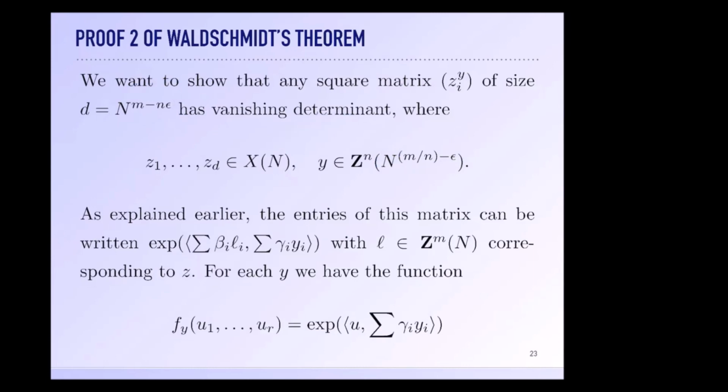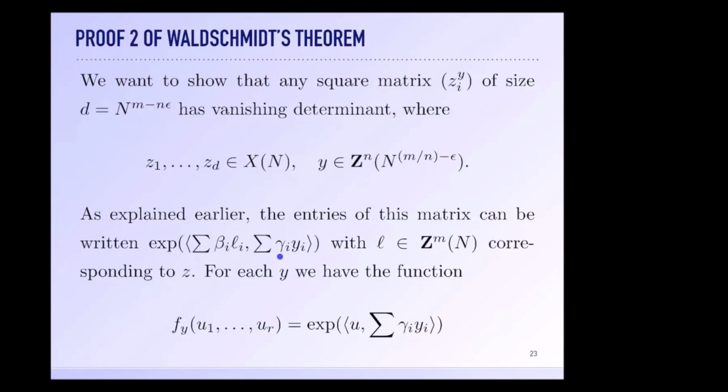And then for each y, we have this analytic function, which just takes a vector in C to the r and dots it with this vector in C to the r that corresponds to this y. So again, the notation is trying to be very condensed. This is a vector of integers of size n. Each gamma_i is a vector of complex numbers of size r.